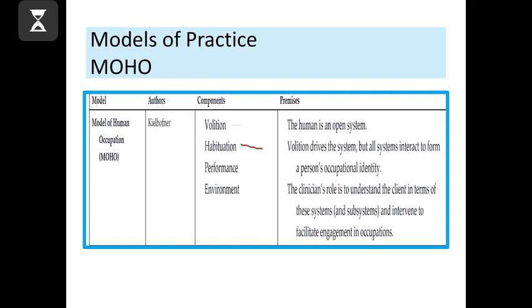They're going to look at performance factors, and that's the child's physical skills and abilities. And no surprise, as occupational therapy practitioners, we always look at the environment, we look at context, and this is the physical layout of the home in this case.